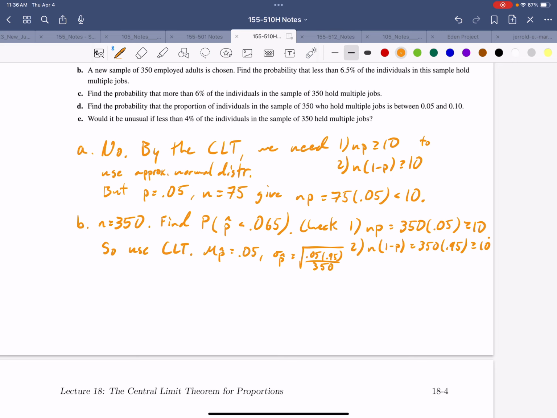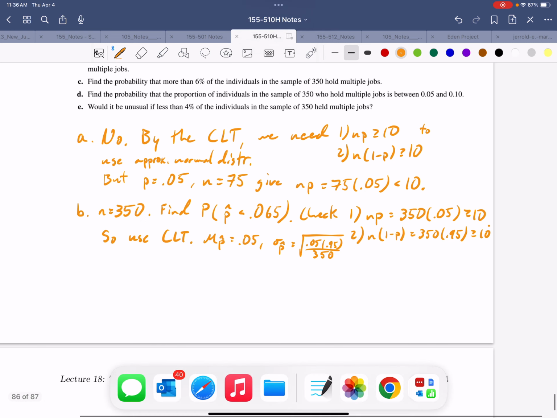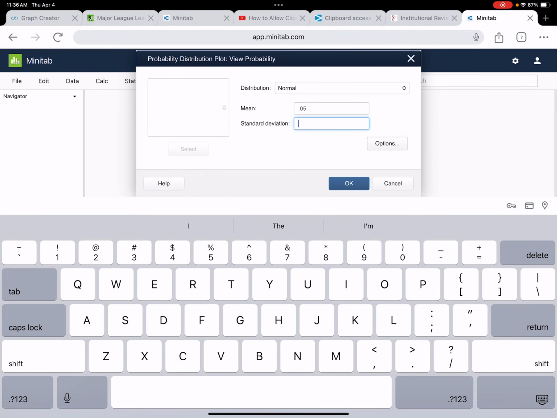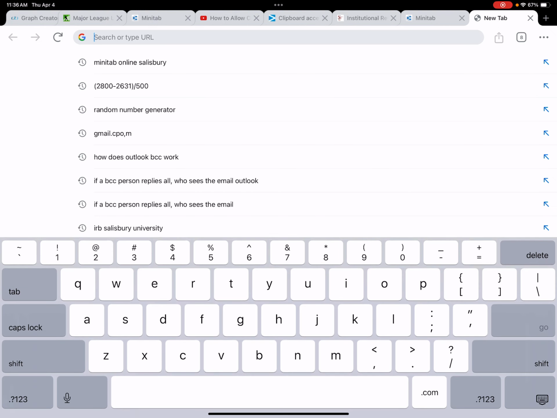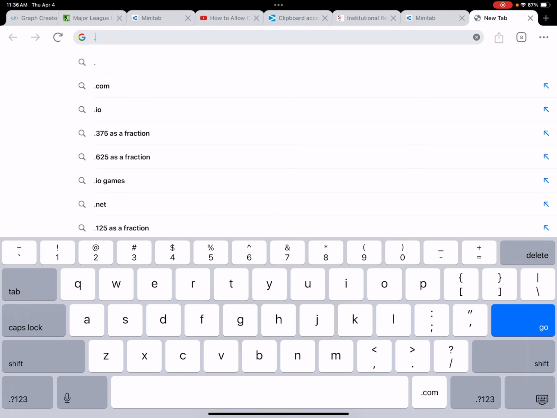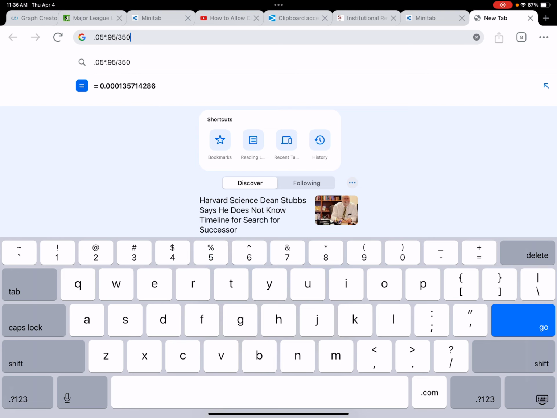Let's calculate that really quickly, maybe just using Google. 0.05 times 0.95 divided by 350, and we would like to take the square root of that.